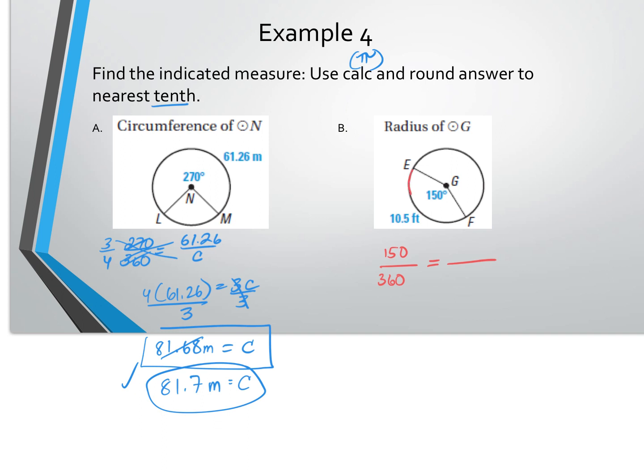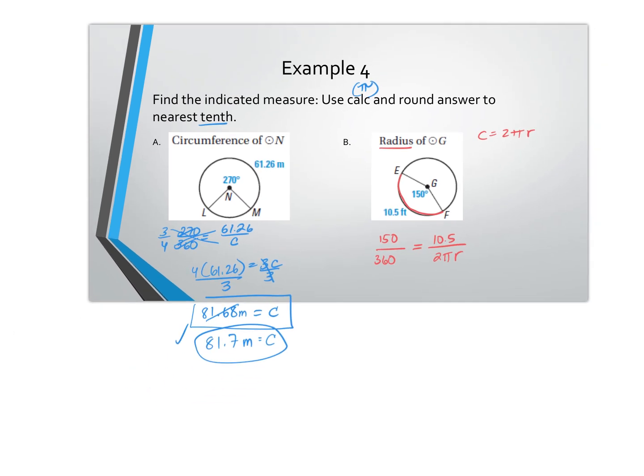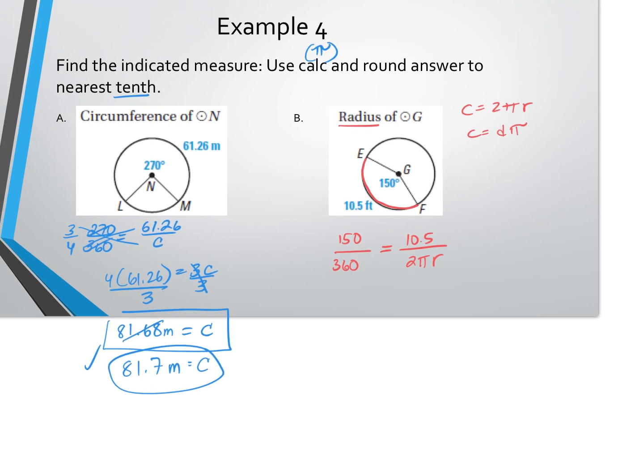I know that the length of this arc is going to go over the entire circumference. And since we're looking for the radius, I'm going to write the circumference as 2 pi r down here, because that's going to be easier to kind of solve for r. If they were looking for the diameter, I would use diameter times pi, and if they're just looking for the circumference, I would just put c.